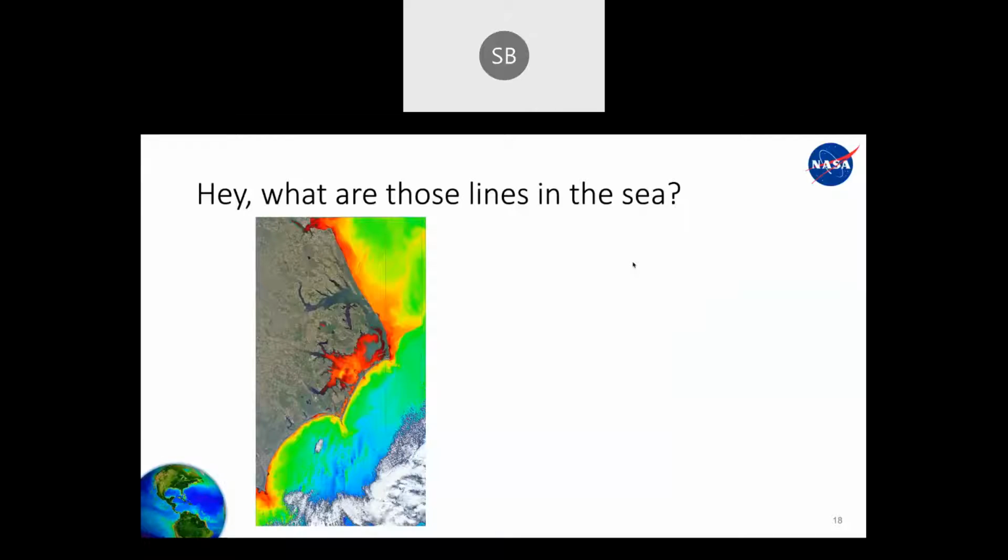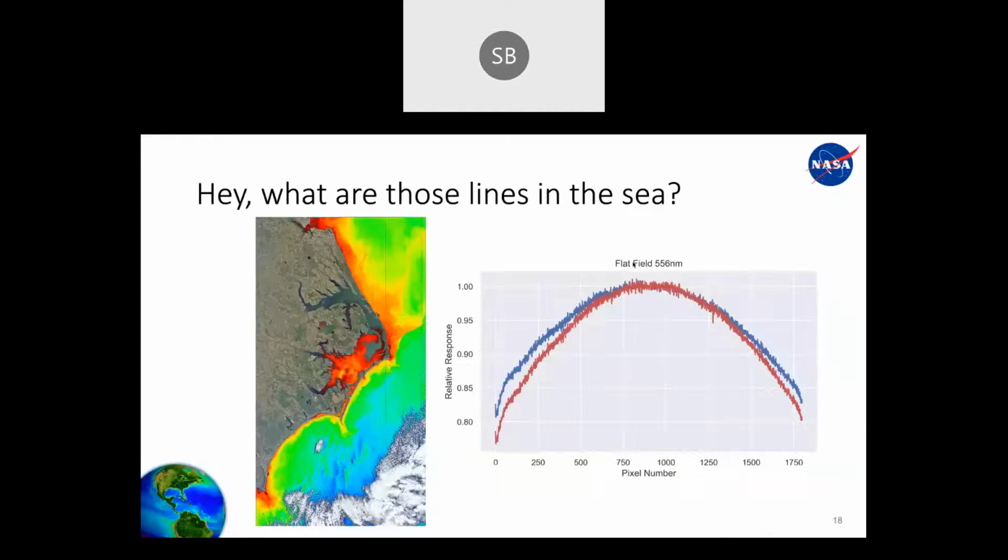All right, well, if you get that data, you might see some things that are funny. In this case, I'm showing there are some lines in the sea, some lines in the data. And what's all that about? Well, as I mentioned, the instrument is commercial off-the-shelf CCD arrays.